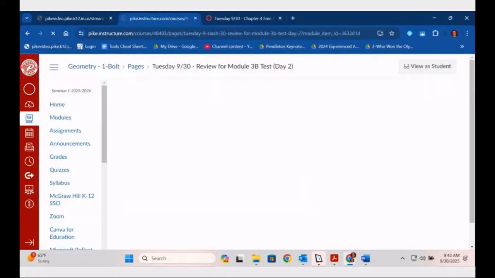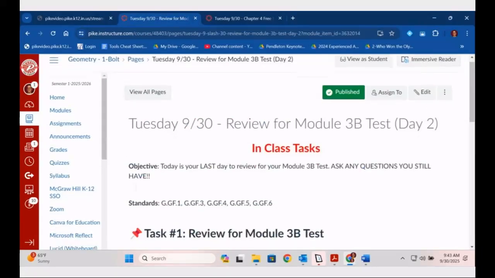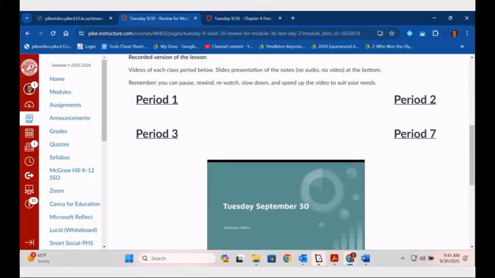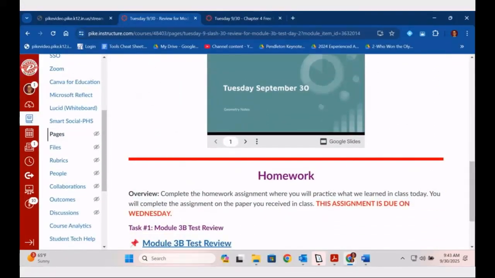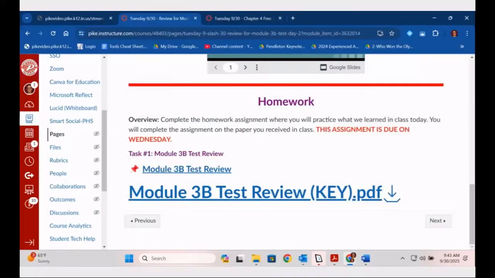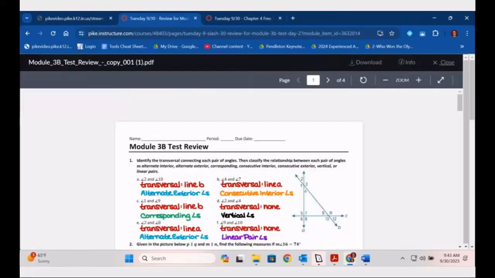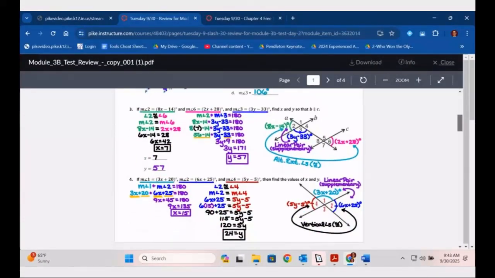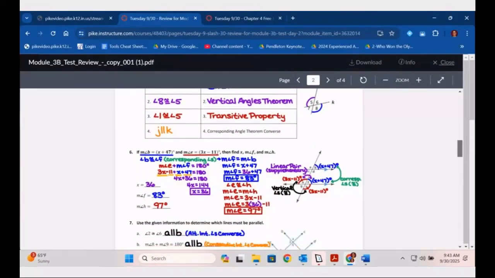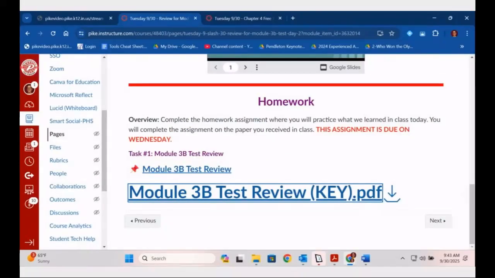You click on that. Scroll all the way to the very bottom. Down at the very bottom, module 3B test review key. If you click on this, it has all of the problems with all of my work there for you.